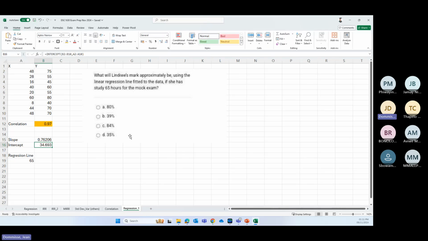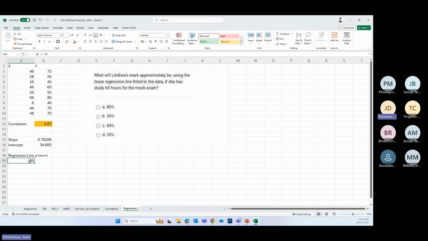Okay, so there isn't a draw function, but we know that we need to get this formula, mx plus c. So that's what we basically want to get from the regression line: y is equal to mx plus c.